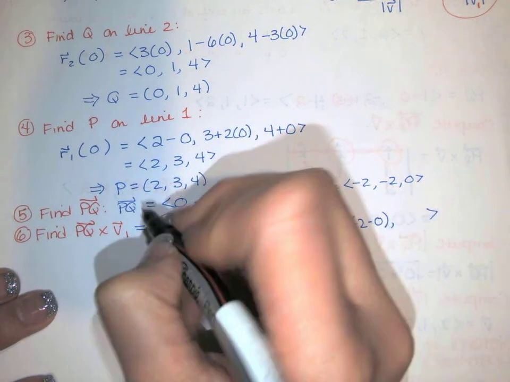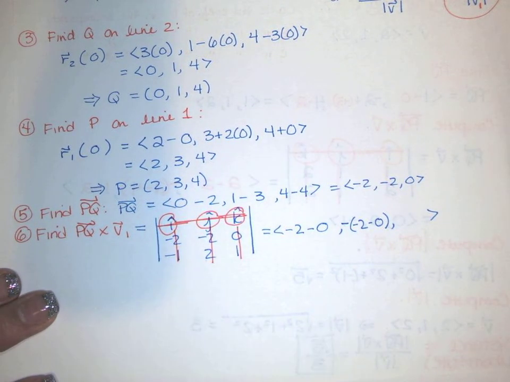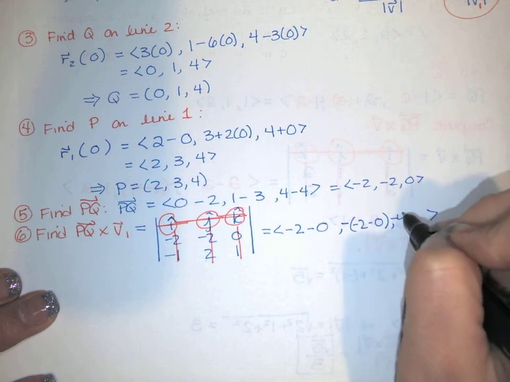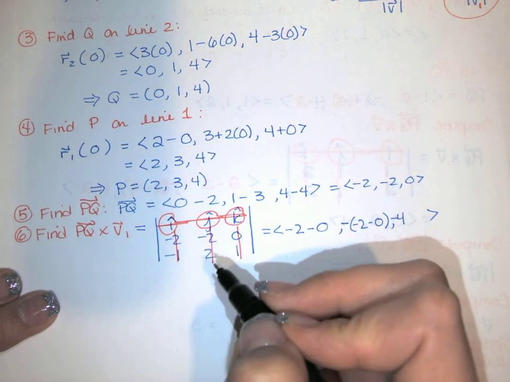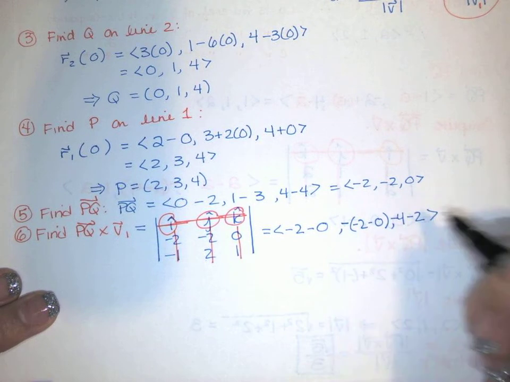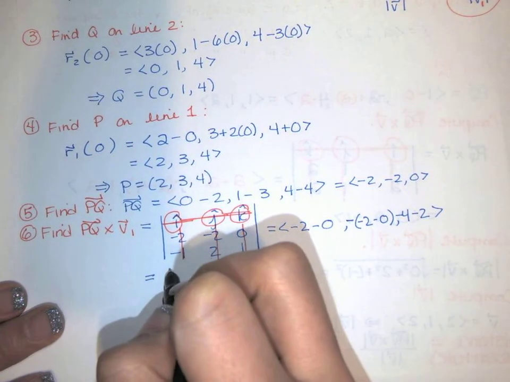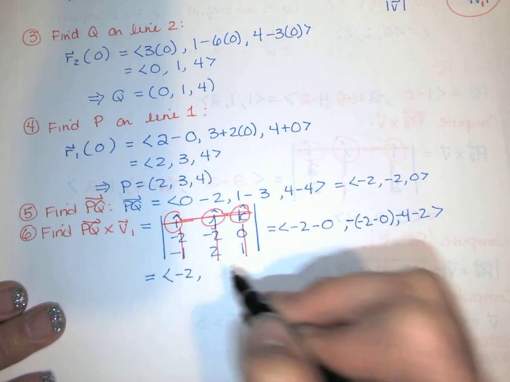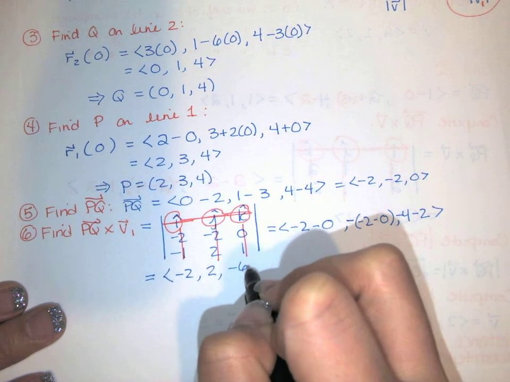And then lastly, we cross out the row and column containing k hat. We're going to have -4, minus a 2. That's negative times a negative is a +2, and we're subtracting that +2. And so PQ crossed with the direction vector of the first line is this. It's a -2 is a +2.